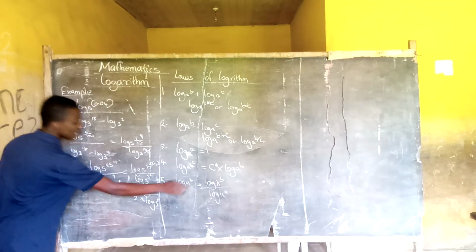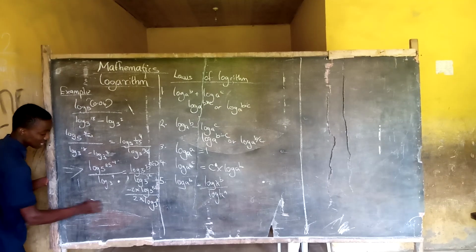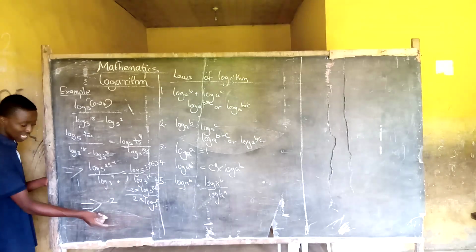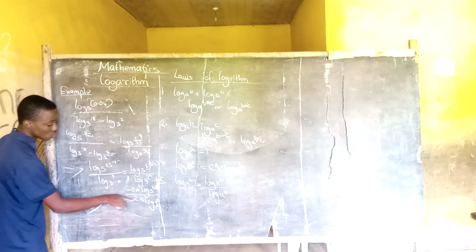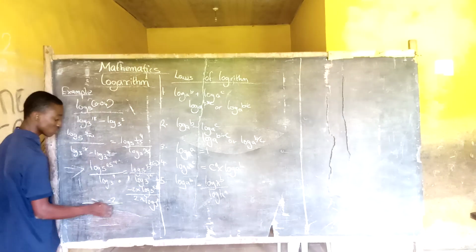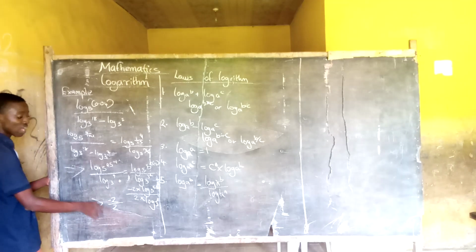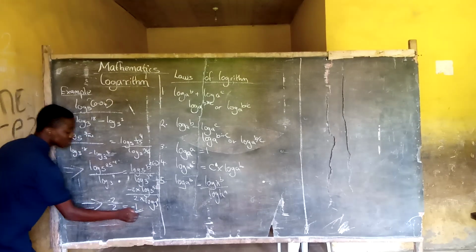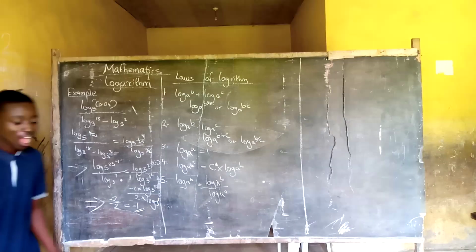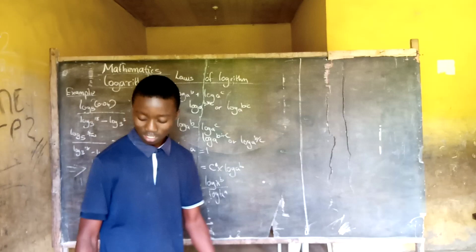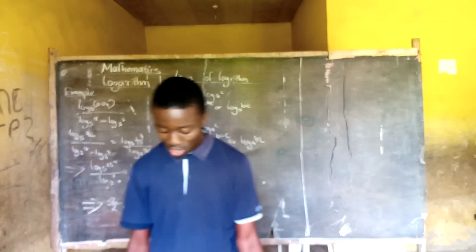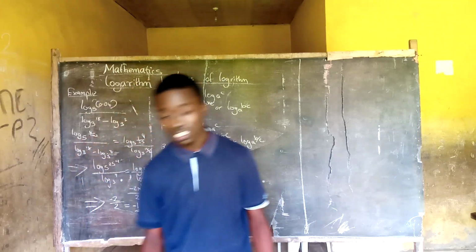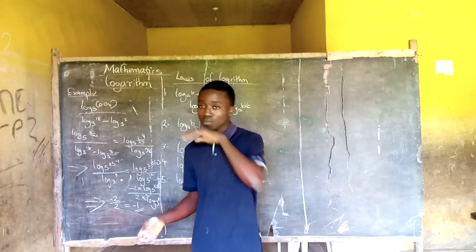Now negative 2 multiplying this whole answer, this implies that we'll be having negative 2 times 1 is negative 2, all over 2 multiplied by log 3 to the power of 3, which is 2. Now divide this value, we are going to have negative 1 and that becomes our final answer. Now logarithm is a very funny topic in mathematics.